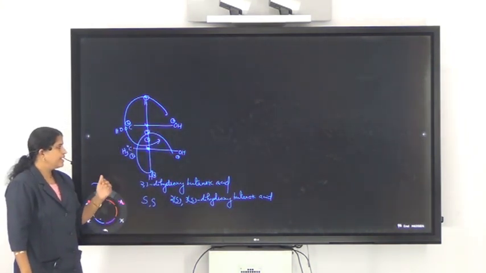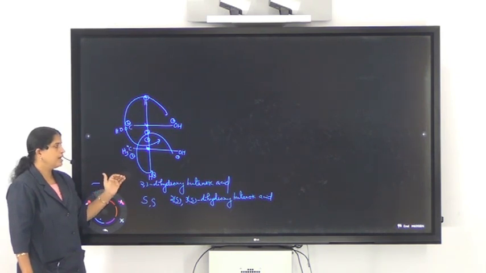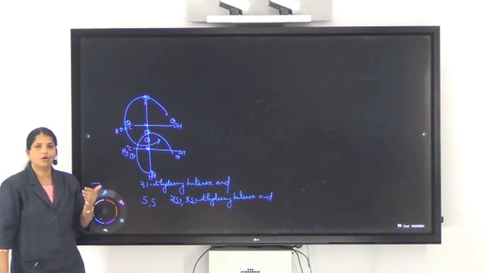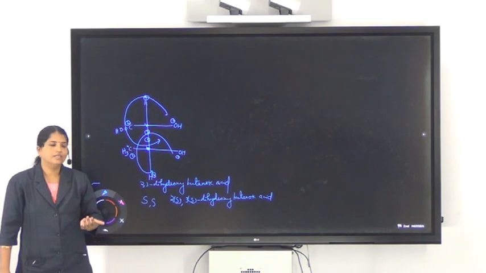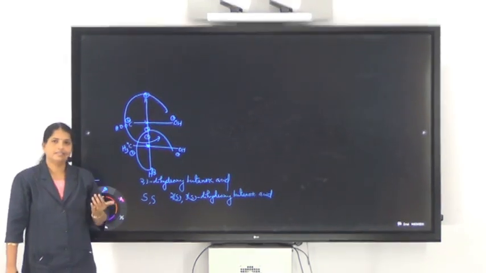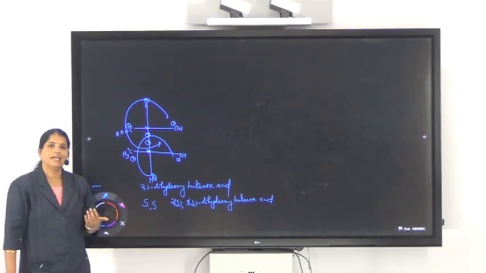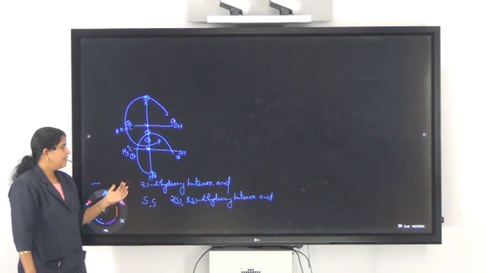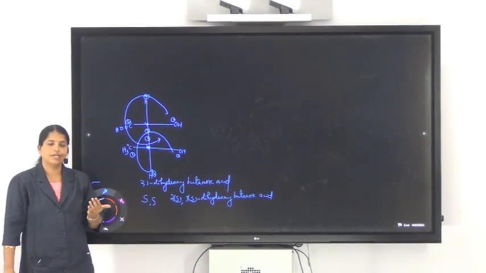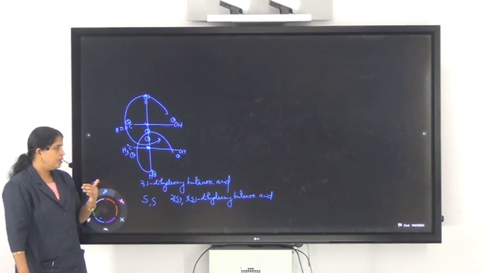So like this, we can assign RS notation for different organic molecules which exhibit optical isomerism. Today we saw optical isomers, enantiomers, diastereomers, how we can find out the number of optical isomers possible for a stereoisomeric molecule, and how we can assign RS notation for these optical isomers by considering the different rules.